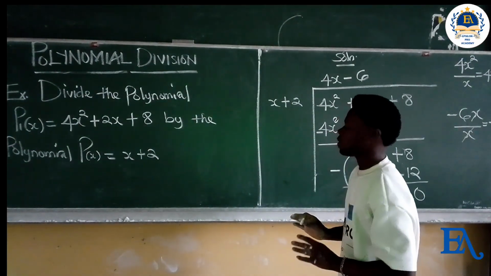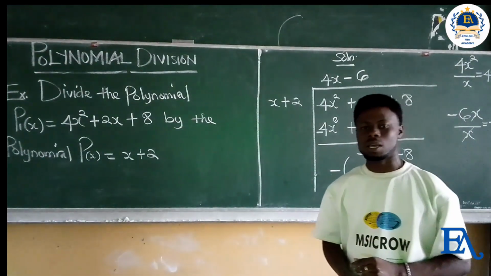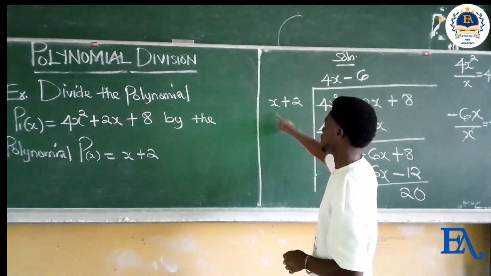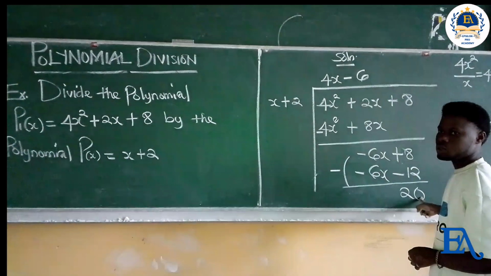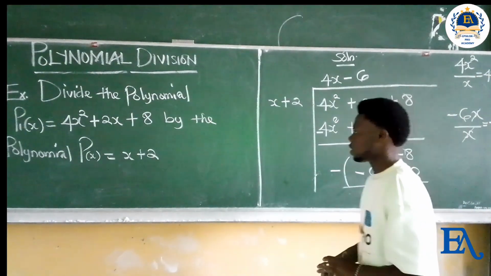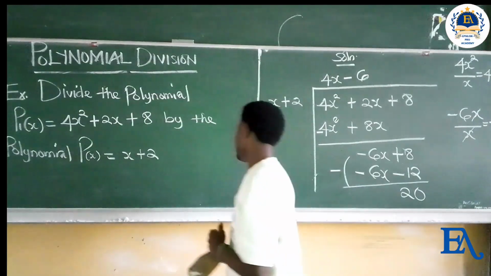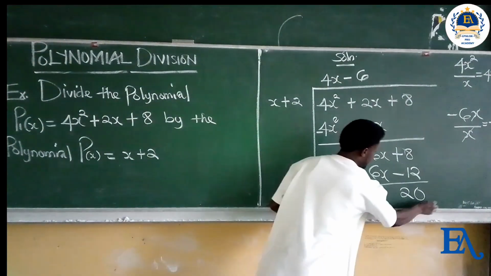This is the last and final stage. At this point, we can no longer divide. We cannot repeat the steps again. The reason is that the power of the variable of the divisor is greater than that of 20. So since that is so, this will be the final stage. Now the question is, divide the polynomial by this. So after the division, we obtain 20 as the final result.